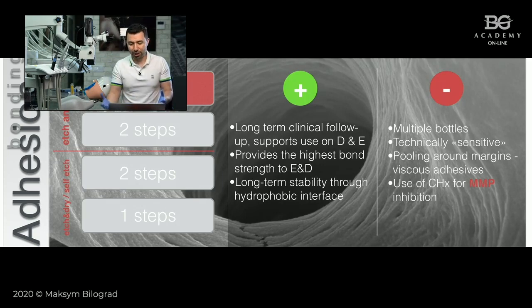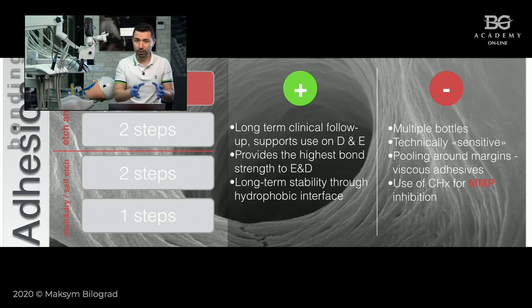The disadvantage of these adhesive systems is multi-bottle. You have a lot of steps to perform, but when you have everything in one bottle, that means that all chemical ingredients are in one bottle.